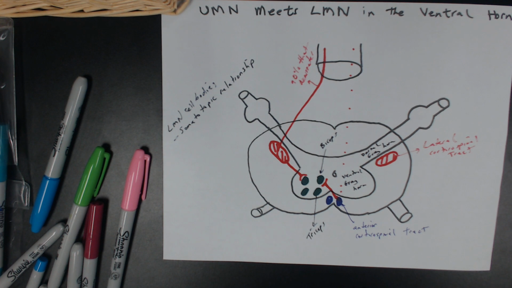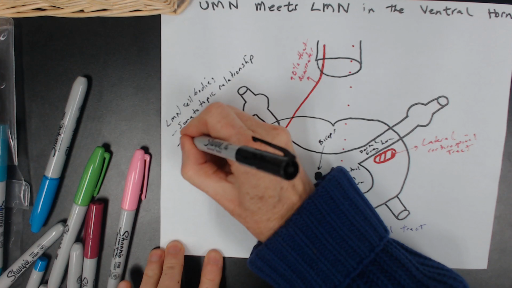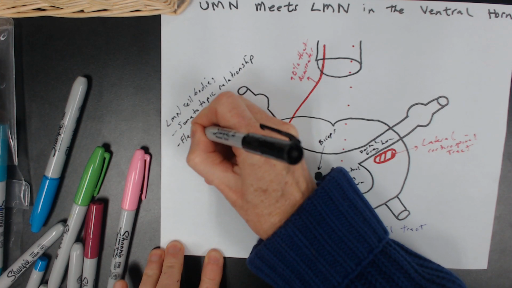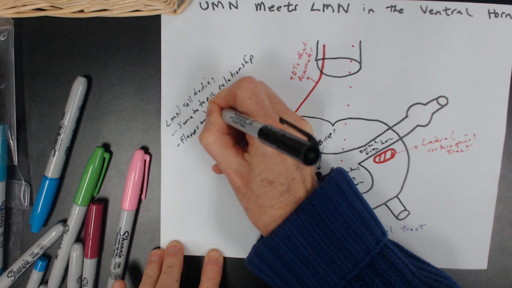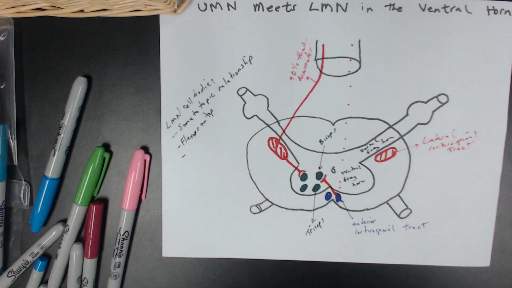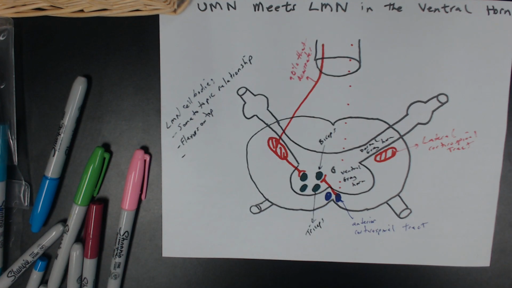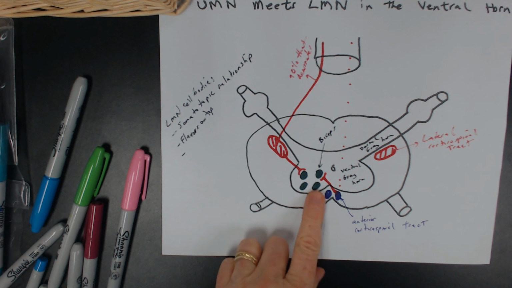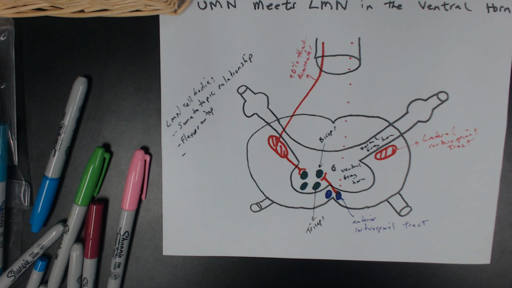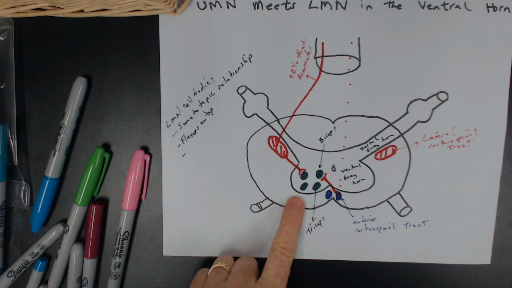Okay, that's one relationship. So I'll put flexors on top. And then the other thing to remember is that the proximal musculature is more medial. So biceps and triceps here are more medial, but then as we go distally down the arm, that's going to be more lateral.